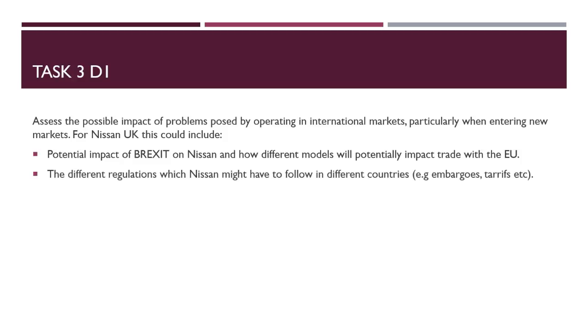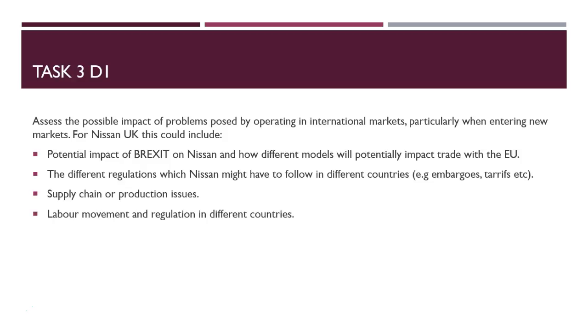The different regulations which Nissan might have to follow from different countries, so basically embargoes and tariffs. Supply chain or production issues, which we've looked at before. Labour movement and regulation in different countries. It might be worth highlighting Britain and any potential impacts in terms of restricting movement.